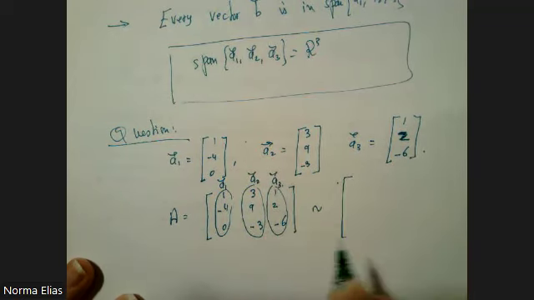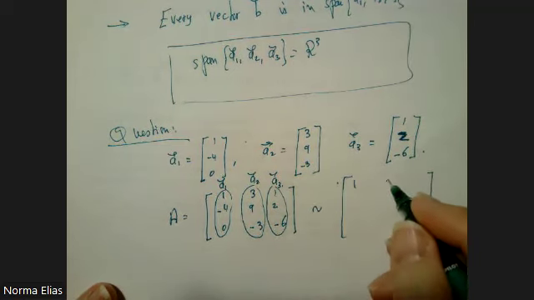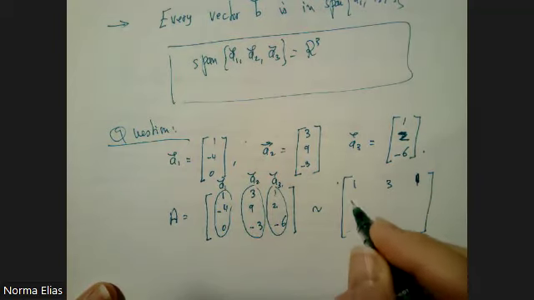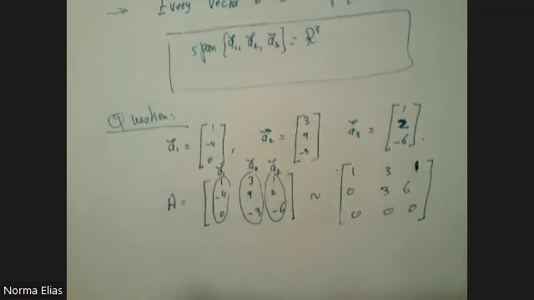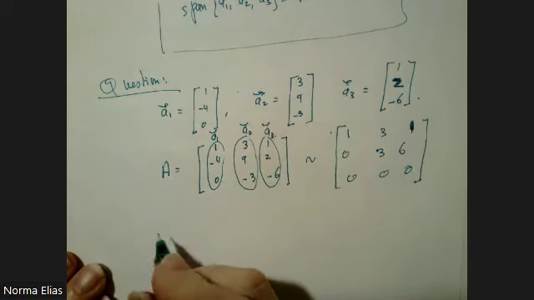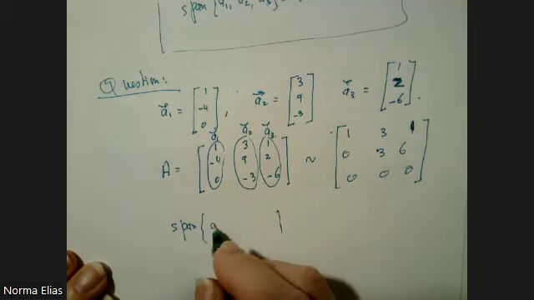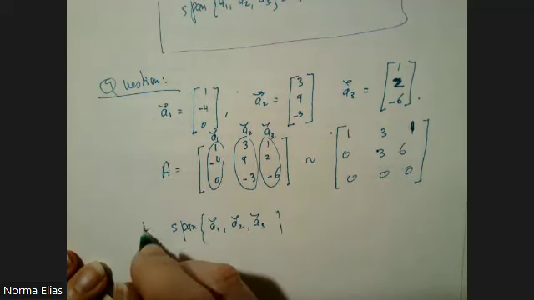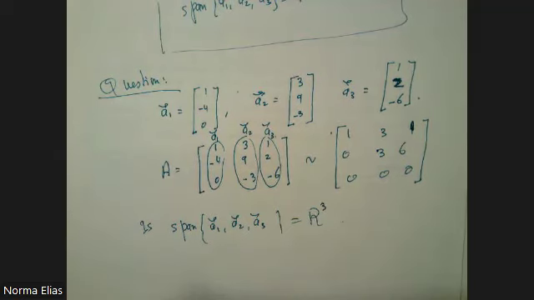And I told you that if I reduce this, I get 1, 3, 1, 0, 3, 6, 0, 0, 0. If I take the span of all those vectors, do I get everything in R3? What do you think?